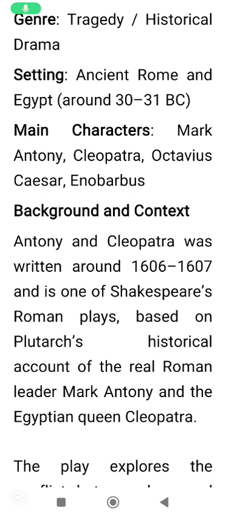Now let's look at the background and context. For every literary work, if you want to understand it very well, the first thing we need to look at is what gives birth to this particular literary work. Whatever is happening in the surrounding environment where the writer resides, or in the writer's life, always inspires the writer to write whatever he writes.